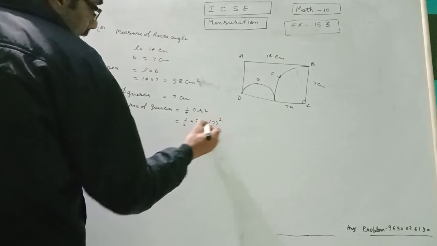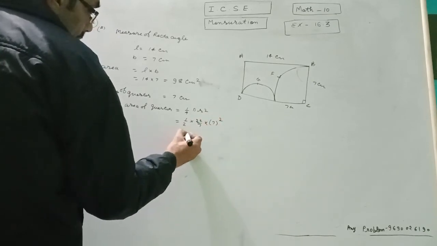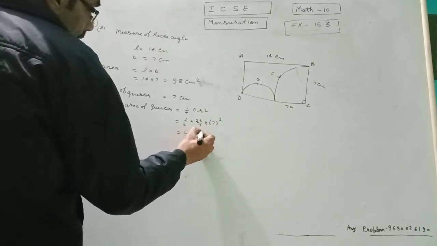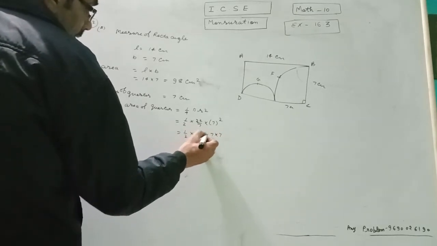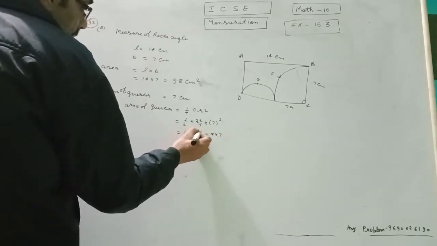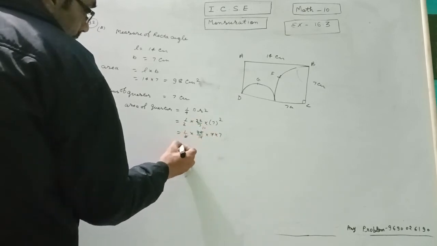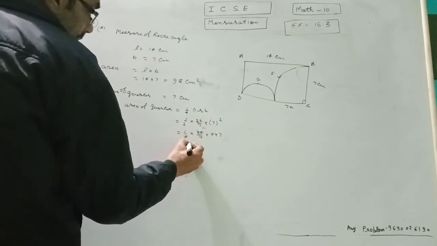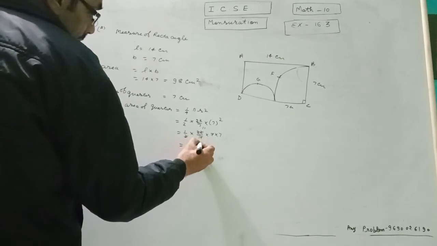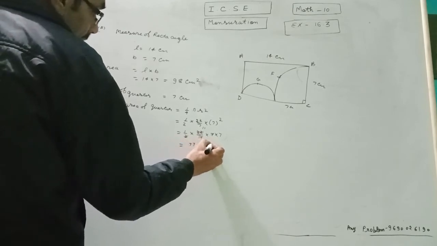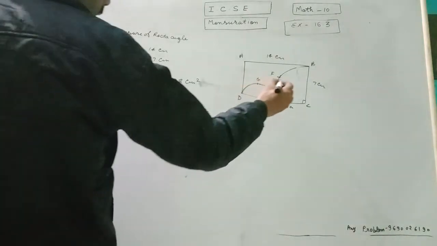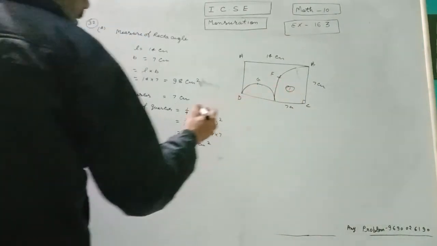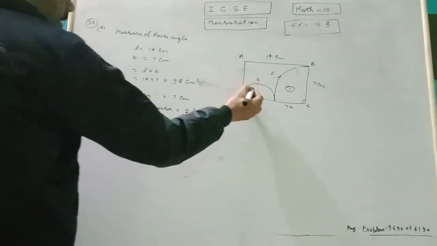R value is 7. 1/4 into 22/7 into 7 into 7. 7 divided by 7, 77. 77 centimeter square is area of first quarter.